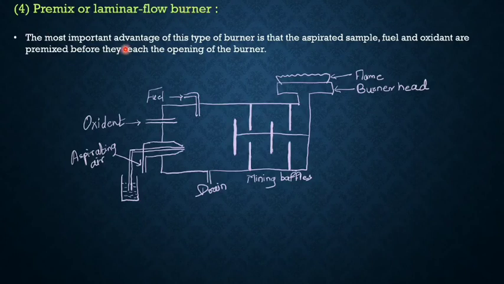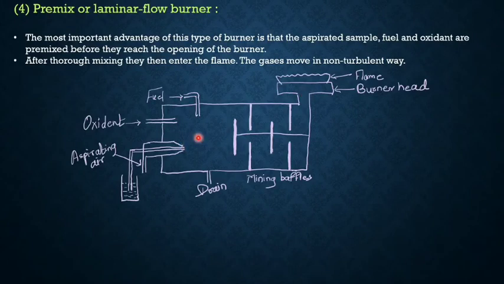The most important advantage of this type of burner is that the aspirated sample, fuel and oxidant are premixed before they reach the opening of the burner. Here they get mixed before reaching the burner opening. After thorough mixing they enter the flame. The gases move in a non-turbulent way.